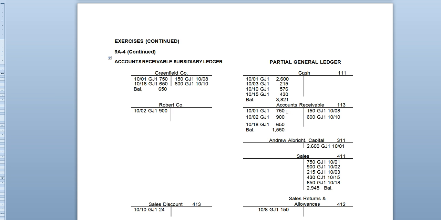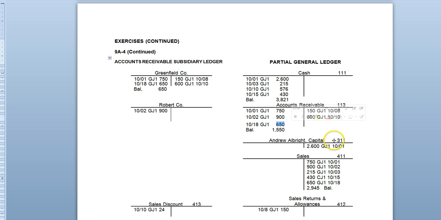There may be variations on how the postings get made depending on the design of the accounting system, but this is pretty basic stuff. Okay, we made a sale, we debited accounts receivable. We issued a return, we credited accounts receivable. We made another sale, we debited accounts receivable. Again, another sale, a debit to accounts receivable.